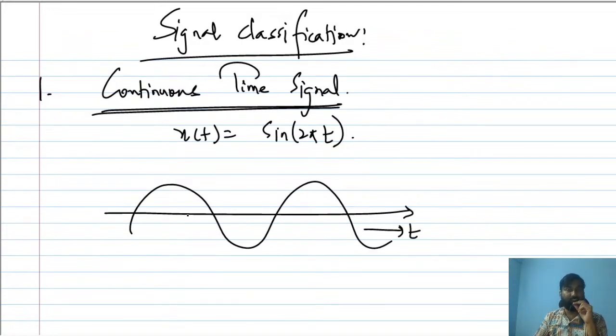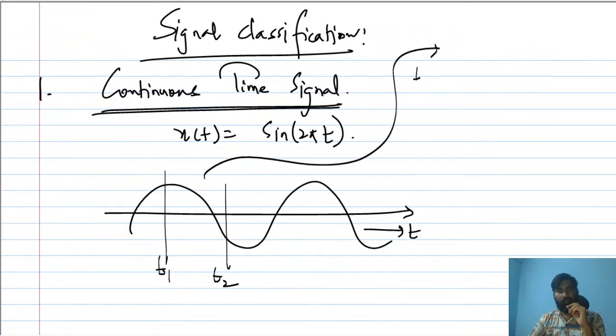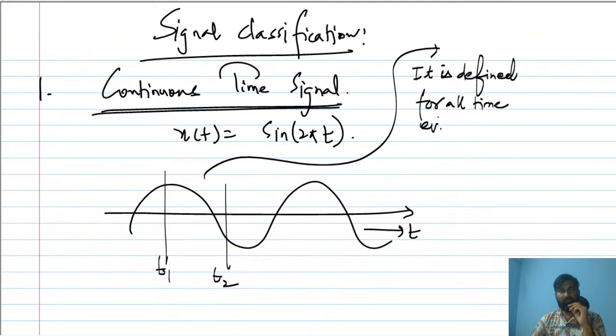If you take some interval here, say t1 and t2, this signal is defined for all time events in an interval.